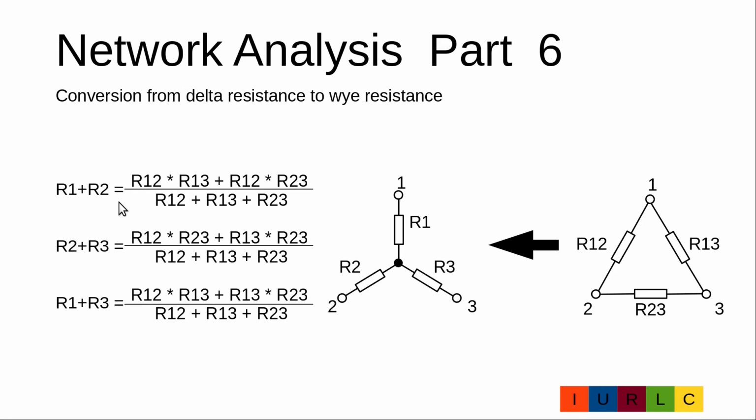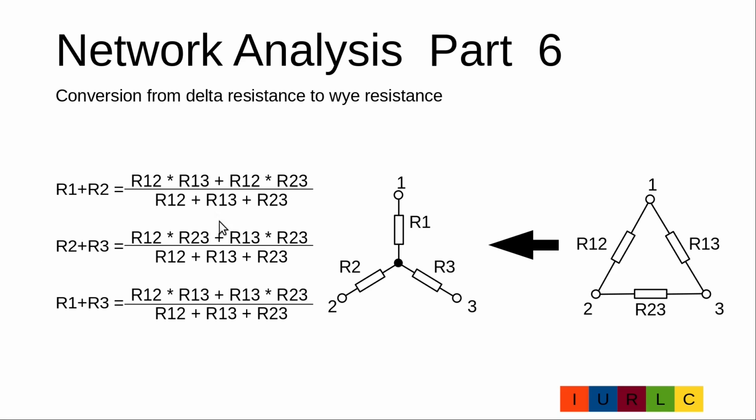If we subtract from the first equation the second equation and add the third equation, we will get here on the left side R1 plus R2 minus R2 minus R3 plus R1 plus R3, and we see R2 and R3 are removed and we have 2 times R1 on the left side.